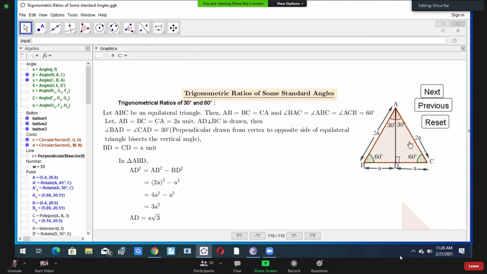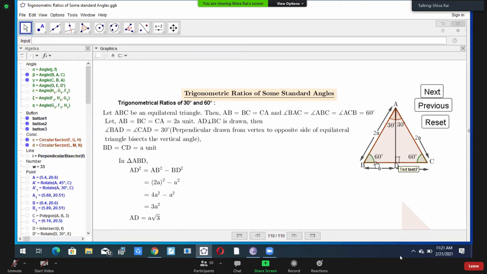There are two triangles, you look here. This part is triangle ACB, and this part is triangle ABD. In triangle ABD, AD square equal to, AD square means this, you look here. This is a right angle triangle. In right angle triangle, this AB is hypotenuse. You look, hypotenuse.